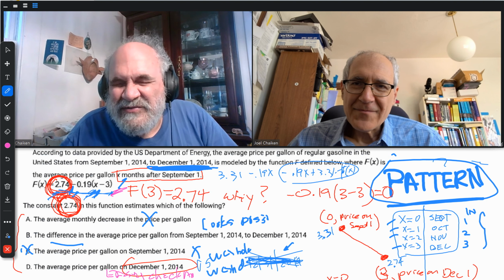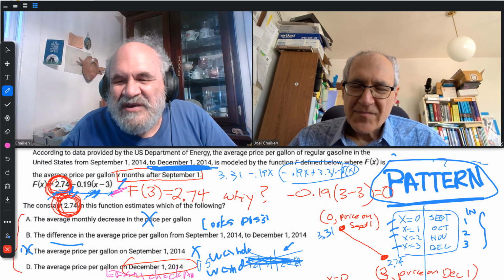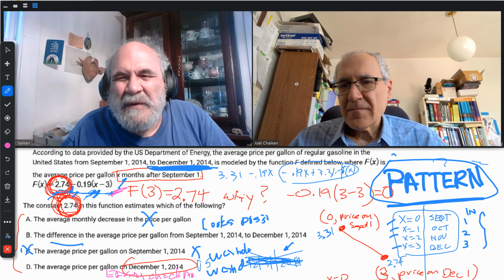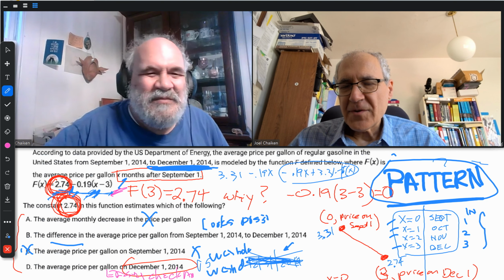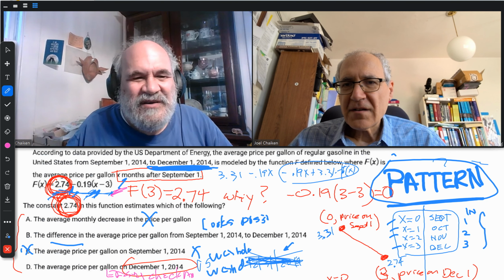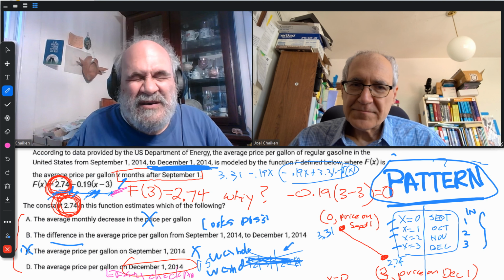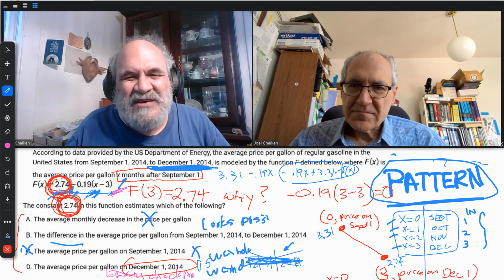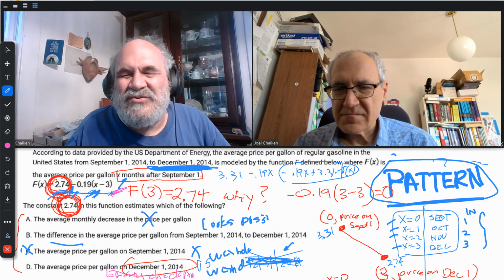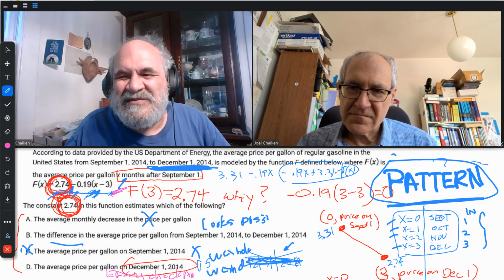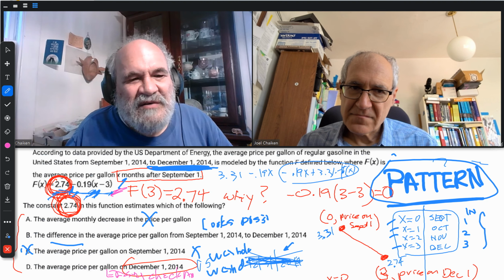Yes. And that is obvious when you read the algebra that specifies the function. Aha. So 2.74 pops out. Right. So it's in red. It's in red. Right. So when the thing you subtract is 0, and the thing you subtract is 0 when x equals 3. So what's the significance of 2.74?